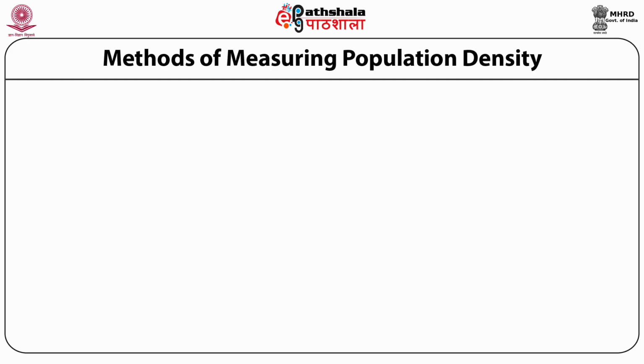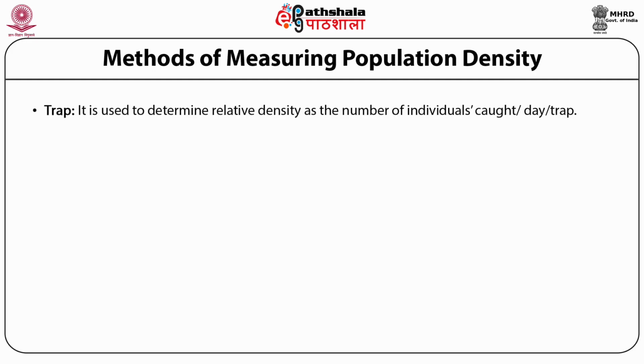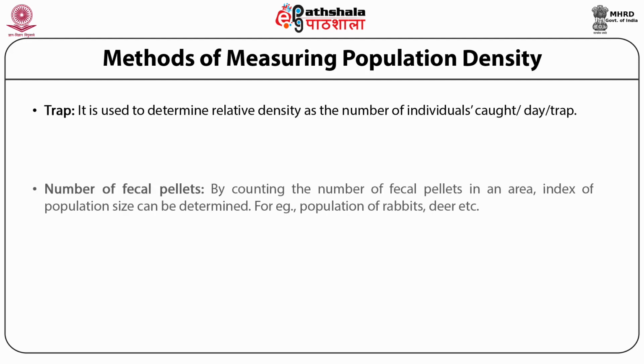Now, the next type is trap. It is generally used in recapture methods, but also used to determine relative density as the number of individuals caught per day per trap. Next is number of fecal pellets.